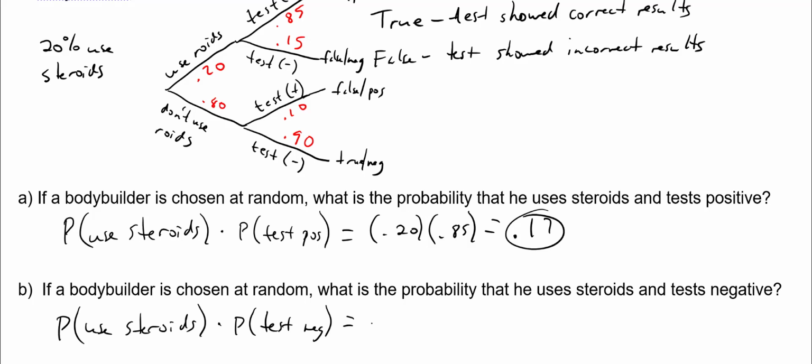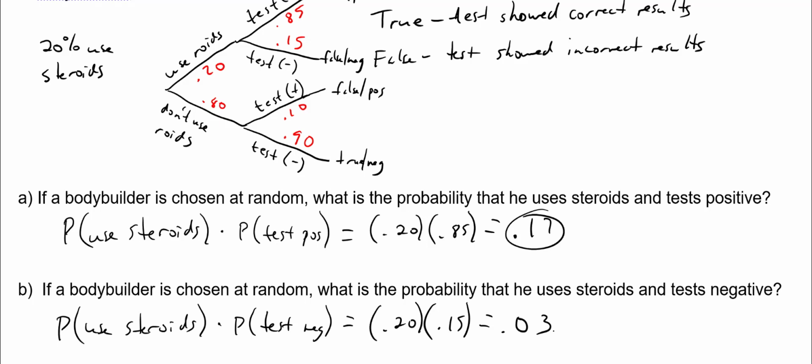Using steroids, again, you're looking at the left side, right? That's the probability, 0.8 and 0.2. So using steroids is again 0.2. But now he's testing negative, so that's 0.15. So that's going to be 0.03.